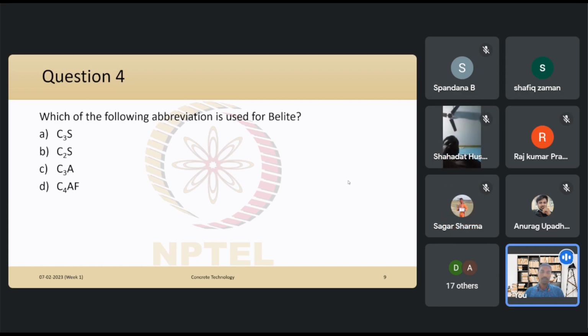In cement chemistry, we have very big formulas for the compounds and we use them too often. So instead of writing them every time, we use shorthand notations, right? We abbreviate them. So which of these notations represents the compound belite?